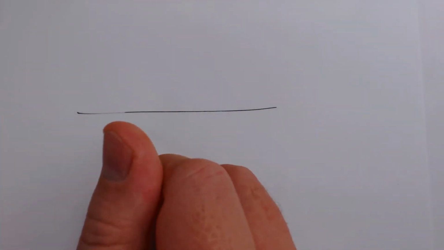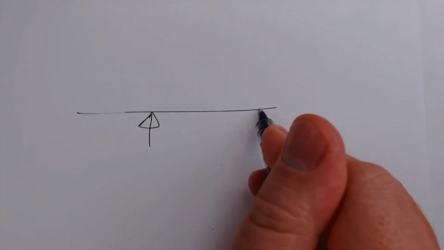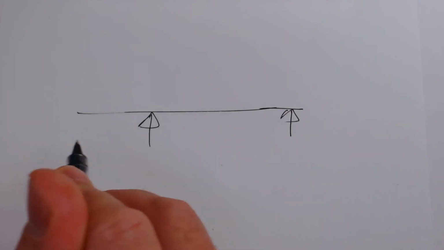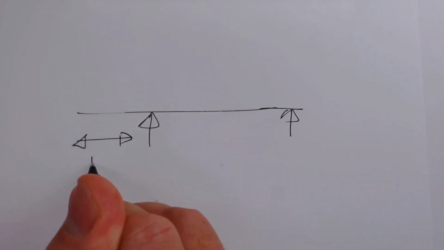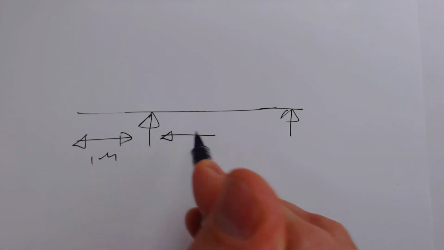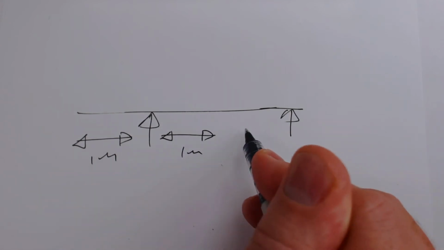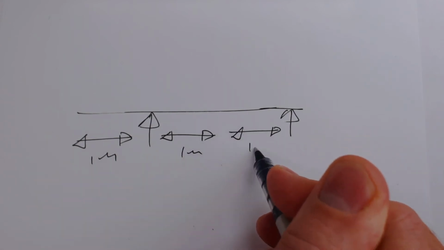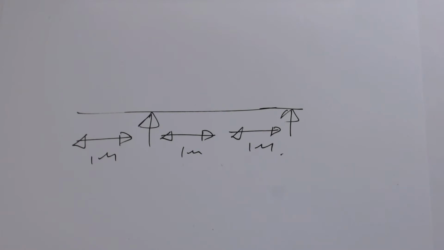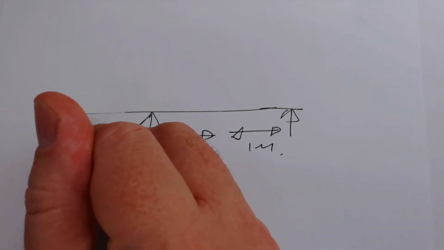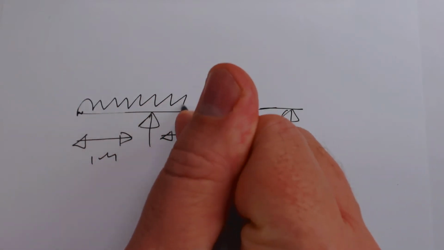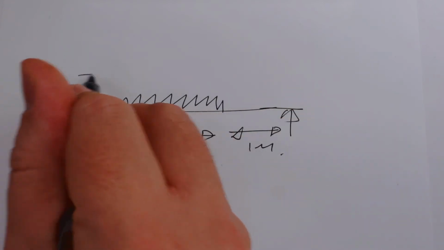What about a UDL? Okay, so in this case we'll have 1 meter here, 1 meter here, another meter here, like this, and then I'm going to have a UDL over 2 meters.